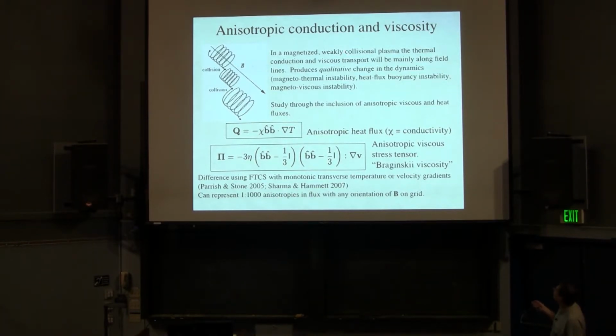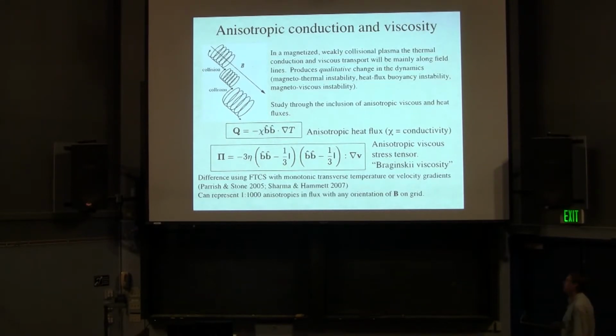In particular, if you're in a weakly collisional plasma, then of course you have ions and electrons, charged particles, which are tied to magnetic field lines. They're gyrating around the magnetic field lines. And if it's weakly collisional such that it undergoes many, many gyro orbits before you have a collision with another particle, then both the electrons and ions are tied. Each individual particle is tied to the magnetic field lines before it can be jumped to another magnetic field line by collision.